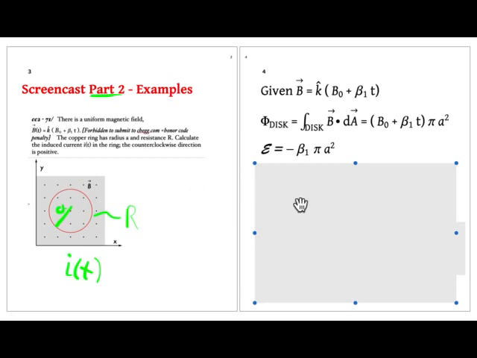Now, what does the minus sign mean here? Well, that's Lenz's law, and it has to do with the direction of the electromotive force. The magnetic field is increasing in the z direction. The z direction is out towards you.